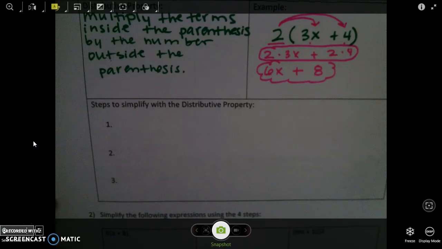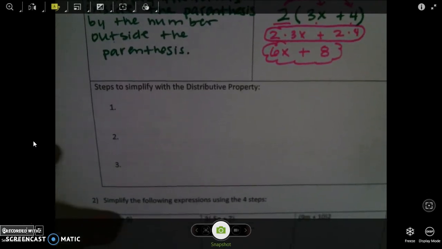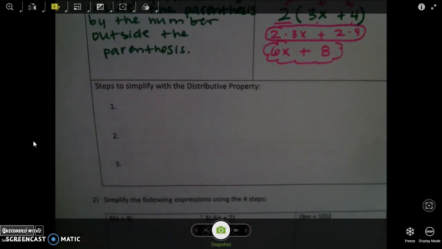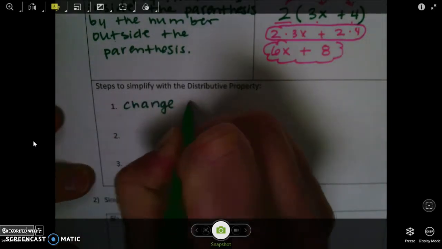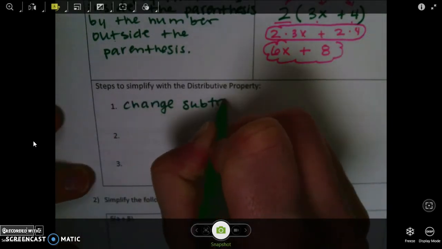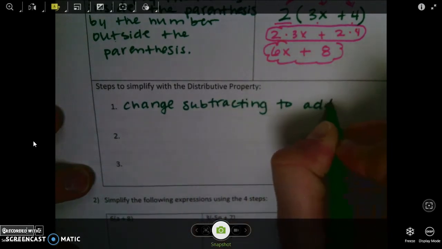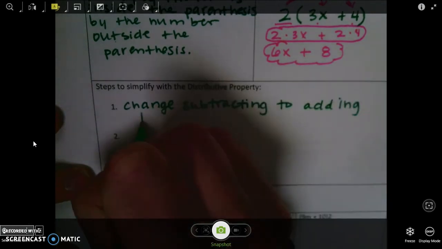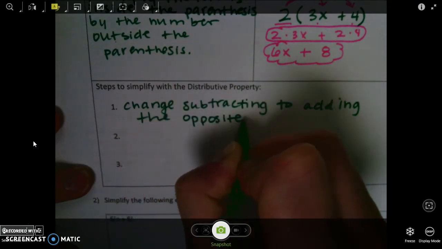Some distributive property problems can be quite complicated, so there's a couple of steps that will simplify this process for you. The first step is to change subtracting to adding the opposite, like we talked about last time.